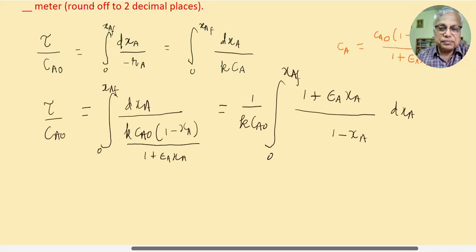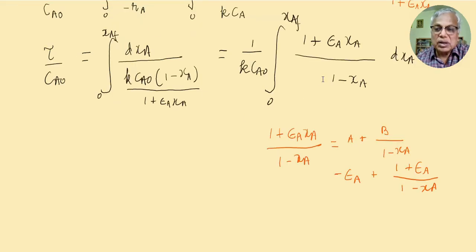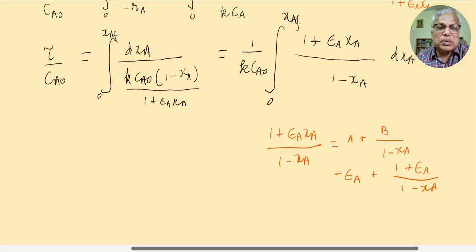Now how do we integrate this? Now this term, 1 plus epsilon A XA by 1 minus XA, if you split this into partial fractions, say A plus B by 1 minus XA, you will find A is minus epsilon A and B is 1 plus epsilon A. That means this term can be split into minus epsilon A plus 1 plus epsilon A by 1 minus XA.